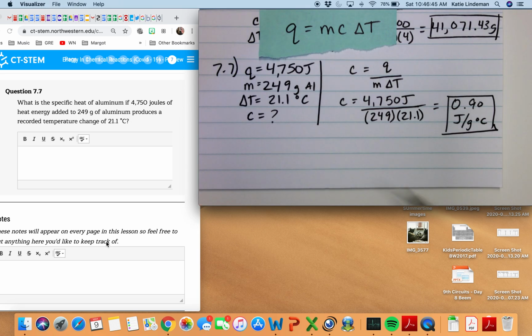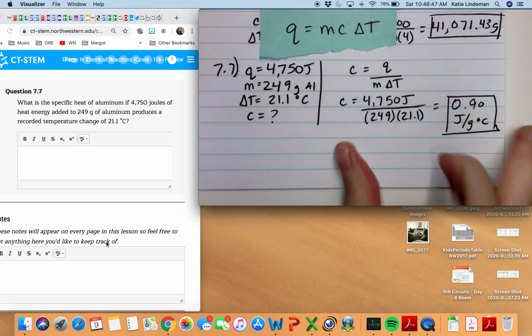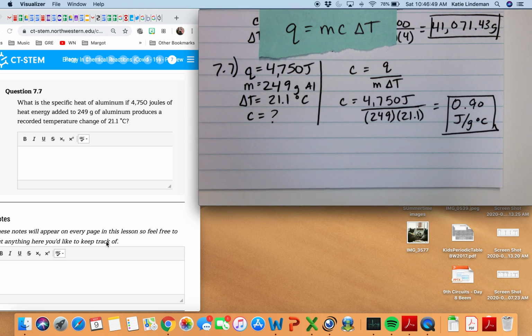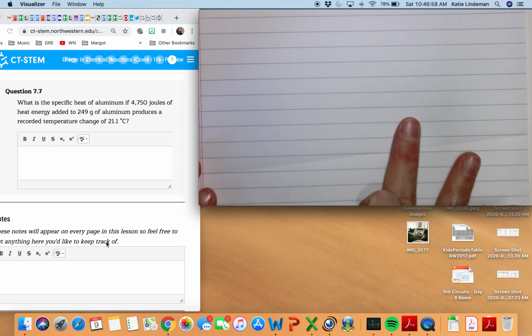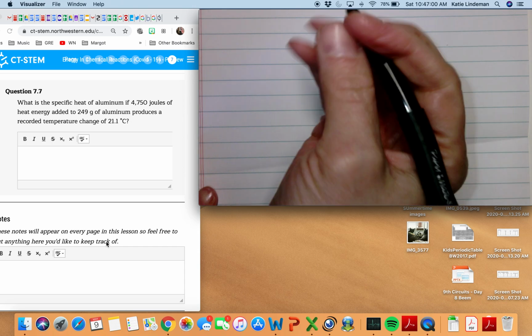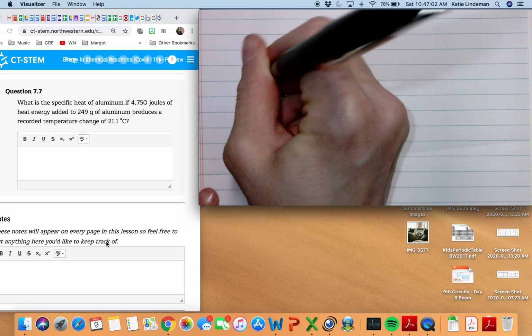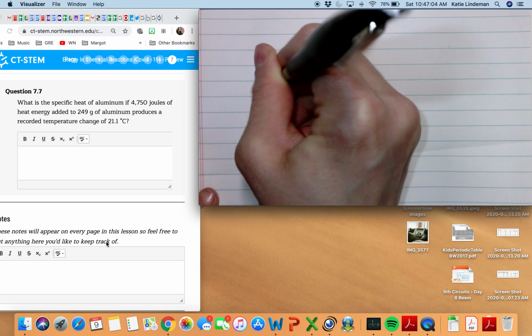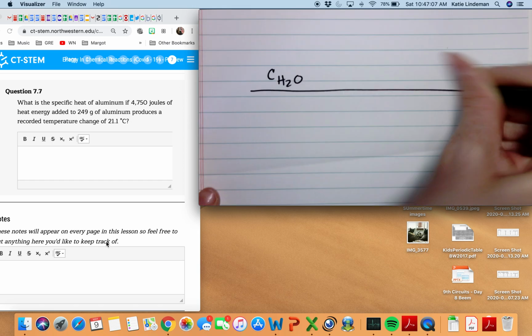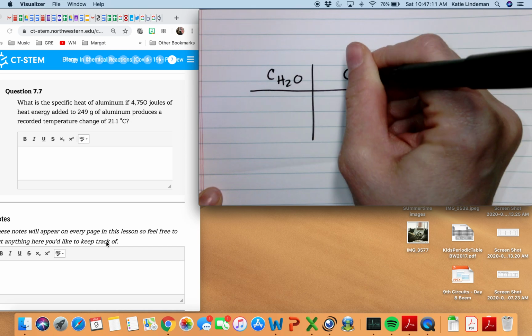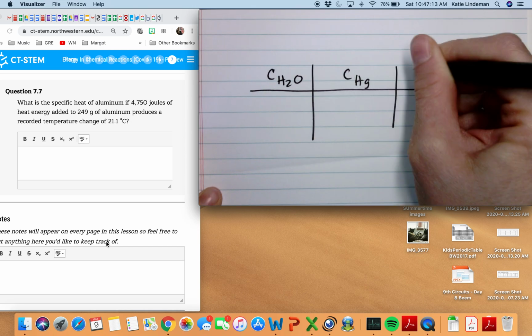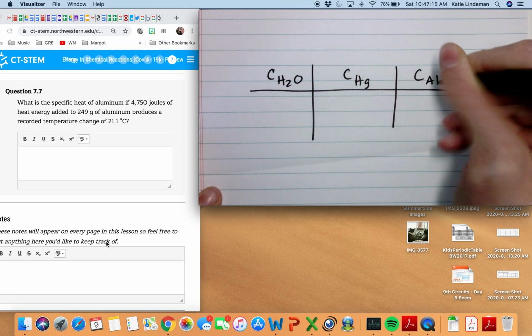Okay, so here I want us to take a sidebar. This isn't specifically on this page, but I want to think about this for just a half a second, just to make sure that we get the gist of what this is trying to tell us. So C of H2O, so I'm just going to make a little table here. C of Hg and C of Al.